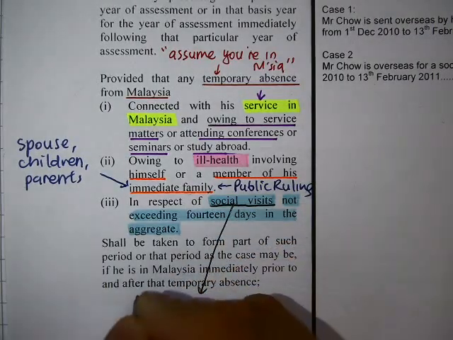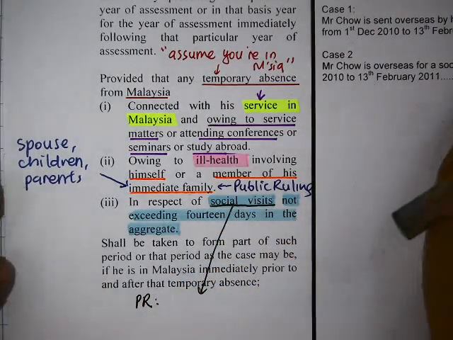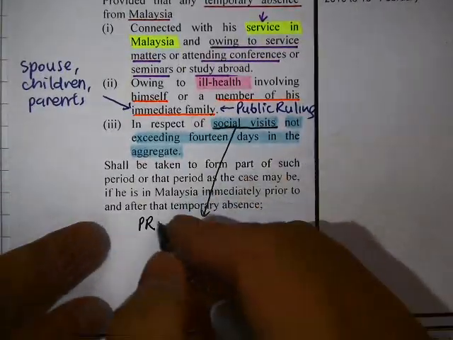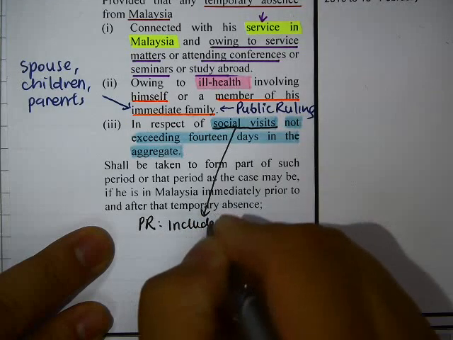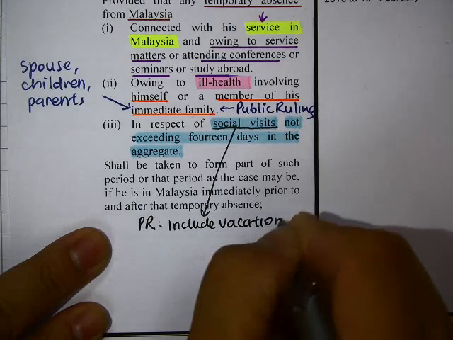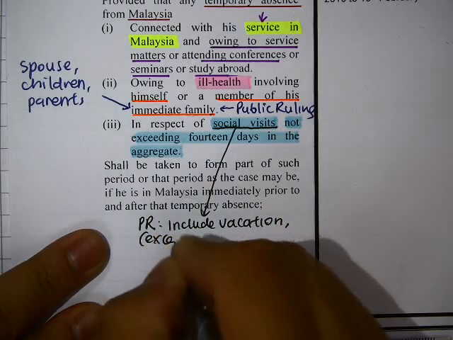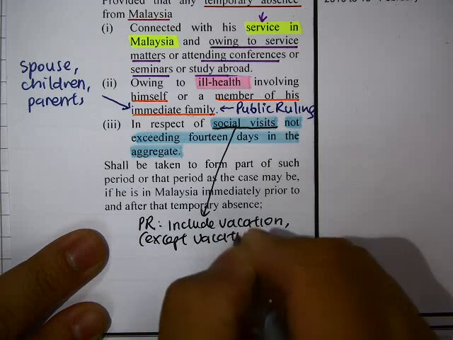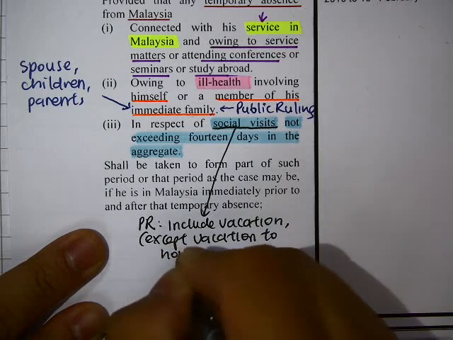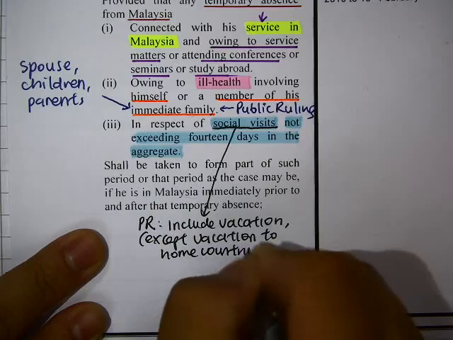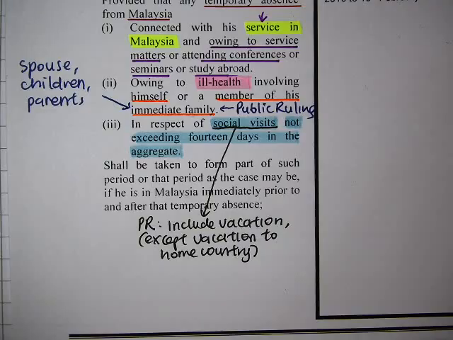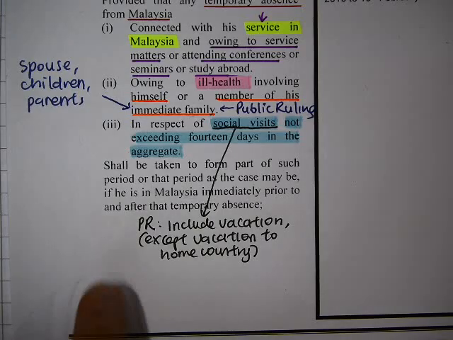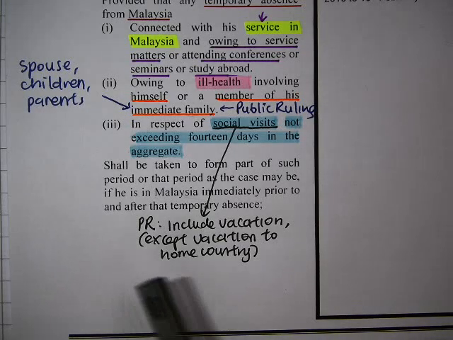And if you look at the public ruling again, social visit has also been defined to include vacation, but except a vacation to your home country. So vacation may also be taken as social visit, even though in the case law it was not regarded in that way. But the ruling says this, and that's what we're going to accept.